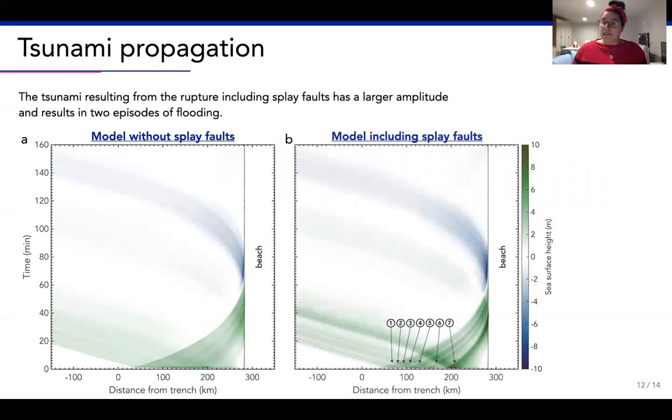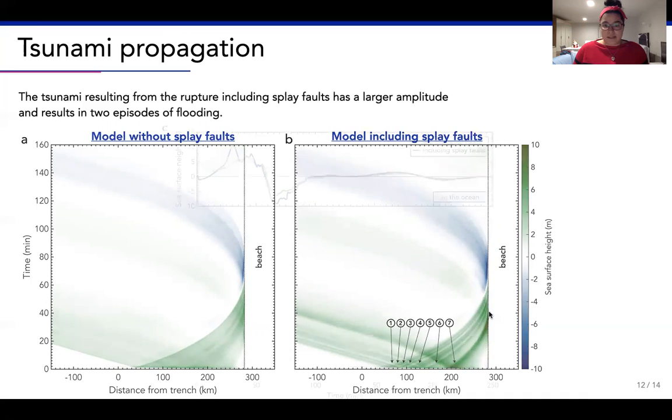In the case of the splay faults, we can see these expressions of the surface displacements we saw earlier, in that there is a big wave here with a high amplitude that reaches the beach first. And then there are lots of smaller peaks that reach the beach afterwards. These all interfere with each other when they get towards the beach at roughly the same time.